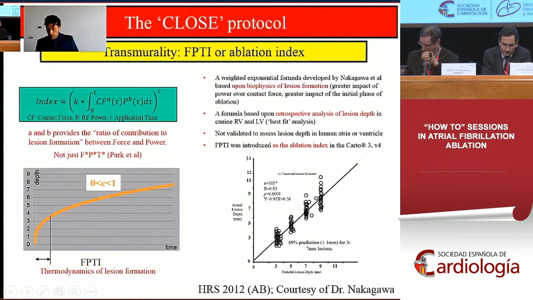Now, what is very important is that in the animal model, the formula predicted lesion depth quite accurately compared to actual lesion depth. But still, it's a big step from this formula, from the animal model, from the ventricle, to a patient with atrial fibrillation.